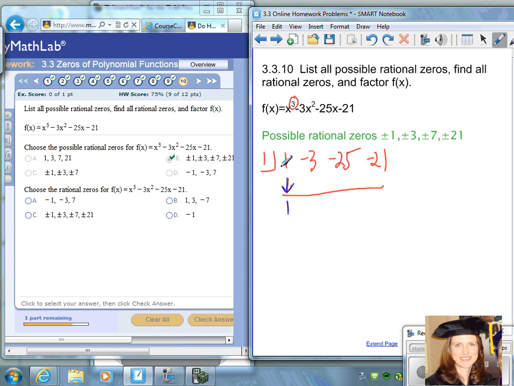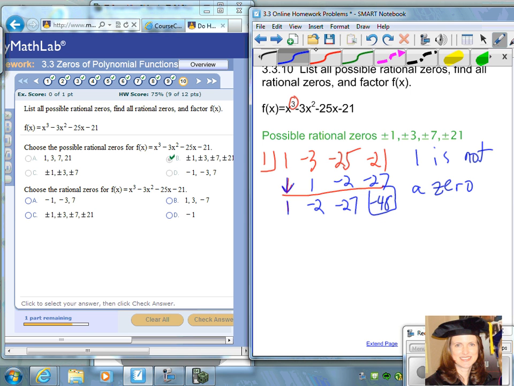So we plug in 1 with synthetic division, and we simplify this. We get something that doesn't end up with a remainder of 0. So positive 1 is not a 0. It was a possibility, but because we don't end up with a remainder of 0, we say it's not a 0. So let's try another one.